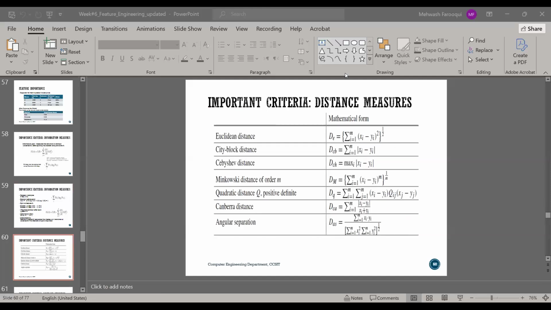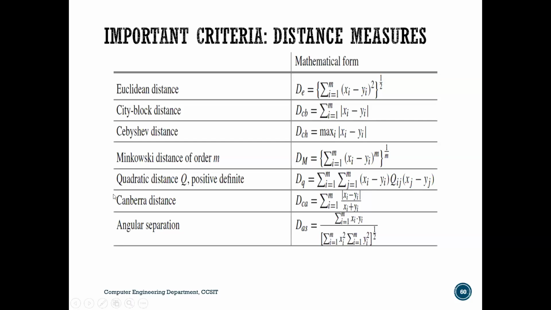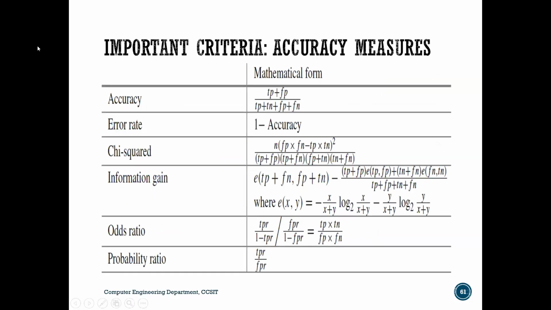Now here they added the distance measure formulas, because in several models you will use these formulas, so all in one slide. Here they use the formulas to calculate the accuracy and the performance, because we need to measure the performance of our model also. So using these formulas we can calculate the accuracy of our model.